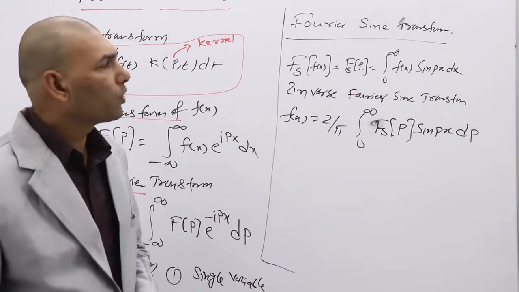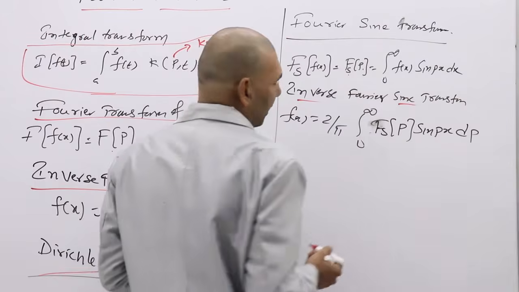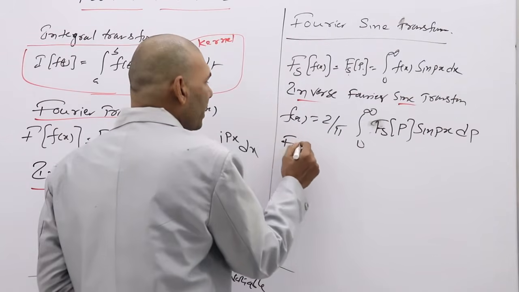With respect to p we need to do for the inverse sine. Similarly, the Fourier cosine transform.